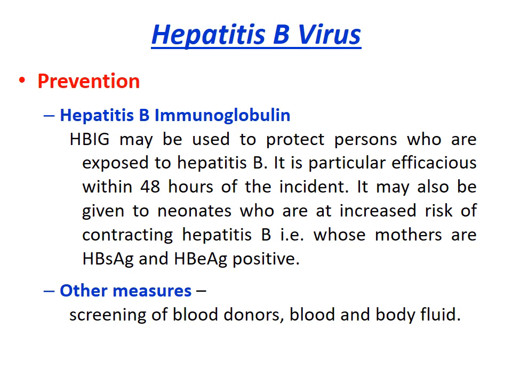It may also be given to neonates who are at increased risk of contracting hepatitis B, whose mothers are HBs antigen and HBe antigen positive, because there is a high transmissibility of the disease to the offspring from mothers who are positive for the HBe antigen. Other measures include the screening of blood donors, blood and body fluids.